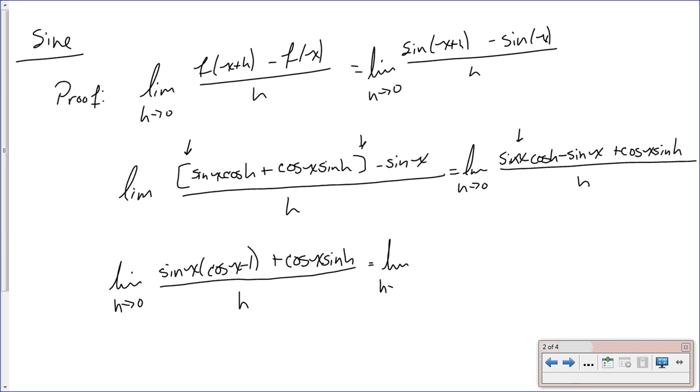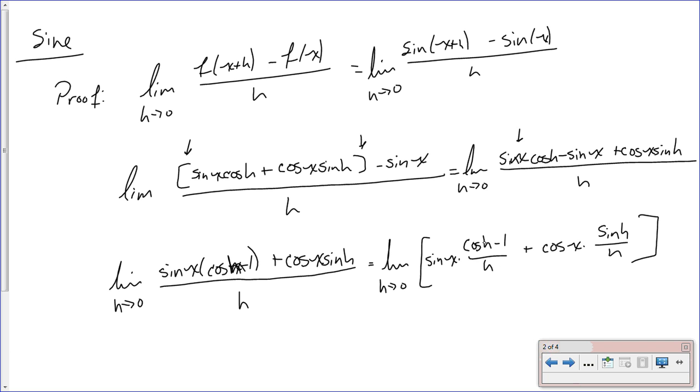So we have the limit as h approaches 0 of the sine of x times the cosine of h minus 1 divided by h. I'm sorry, that's an h. I changed my h to an x for some reason. This should be h minus 1, and this here should be an h as well. Plus the cosine of x times the sine of h over h.